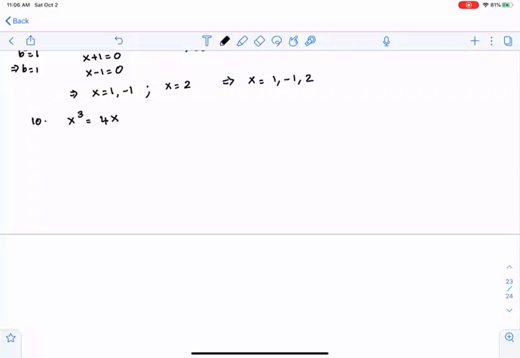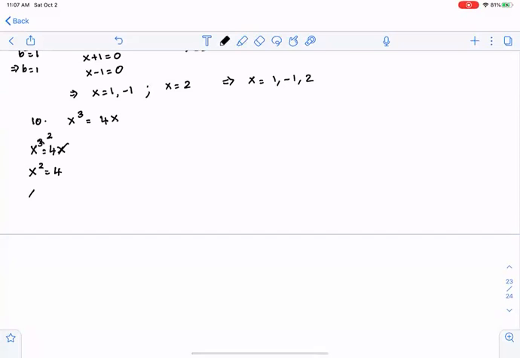We'll start with the most common mistake in this problem. Oftentimes, this is what people would do. Look at x cubed here on the left-hand side, x on the right-hand side, and go ahead and cancel that x and write it as x squared equals 4.